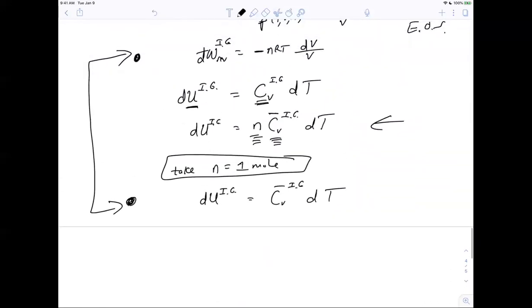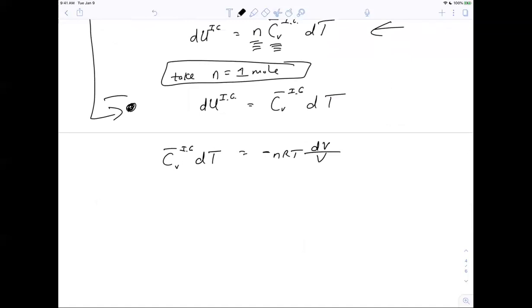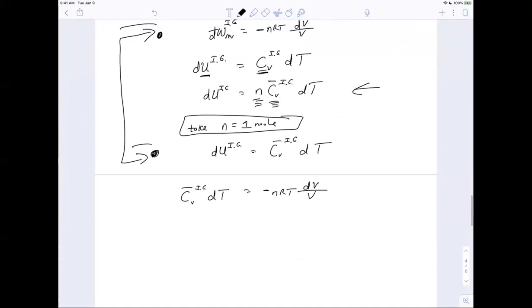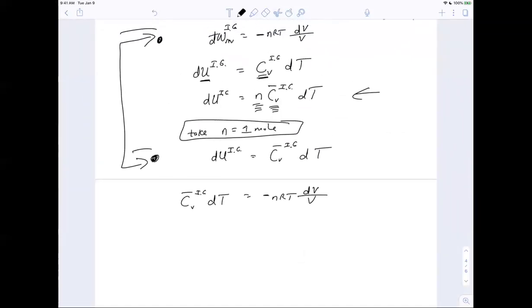So now if we put these two expressions together, what we have here is CV bar ideal gas times dT is equal to minus nRT dV over V. Everyone okay with that?